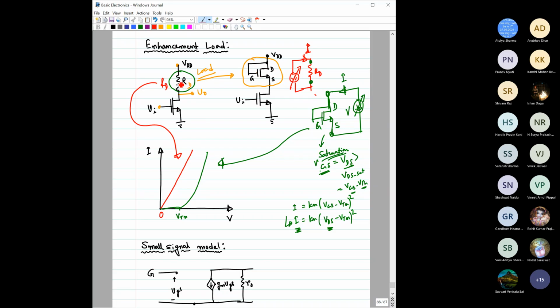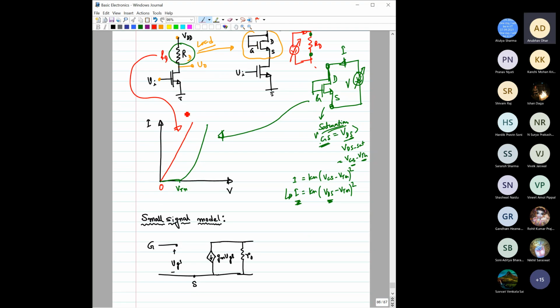The advantage is that everywhere we can replace any resistor by a transistor, so we can increase the density of devices a lot. Is this enhancement load clear to you? Yes, sir. Okay.